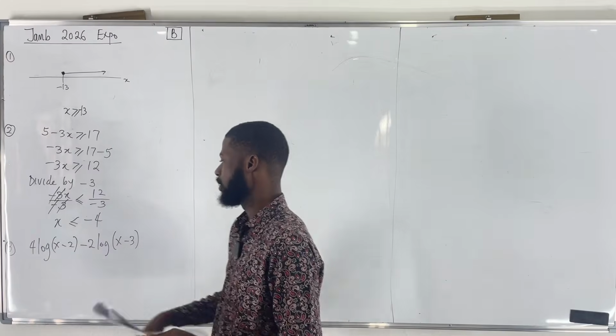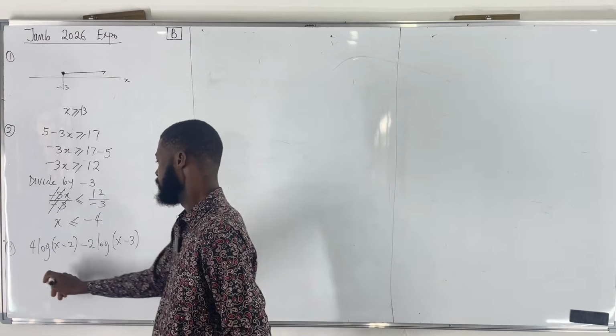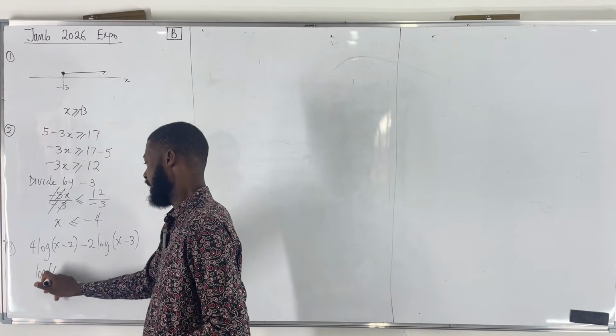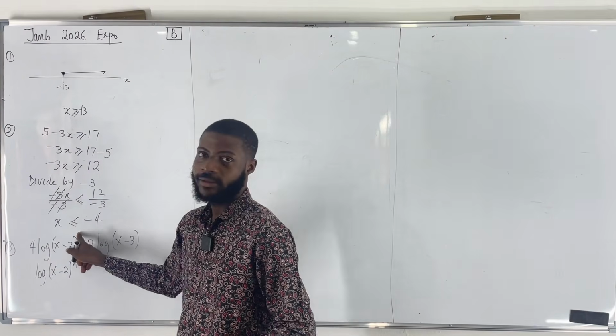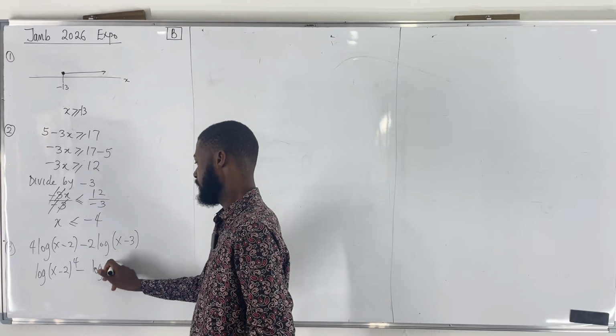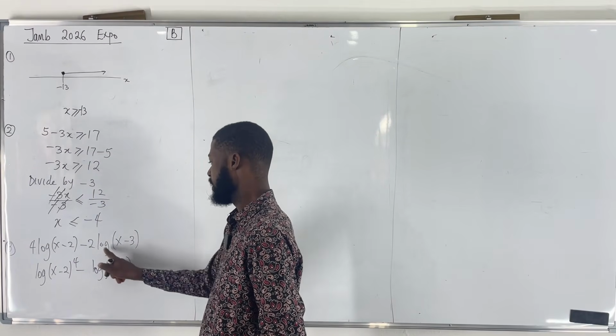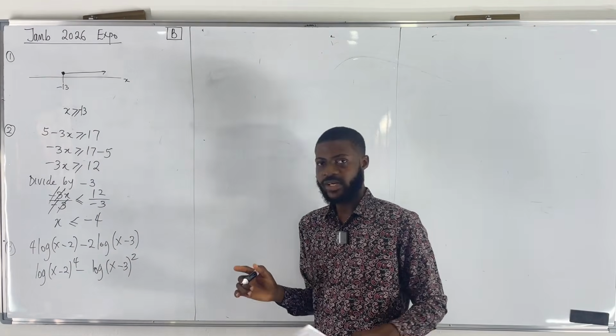To make this a single log, there should be no 4 in front. So let's take this 4 back to where it's coming from. So this will be log (x minus 2) to the power of 4. So the 4 goes back here. That's in the laws of logarithm. And then minus log (x minus 3). Now these two could come back here, so that becomes a square. So that's what we have.